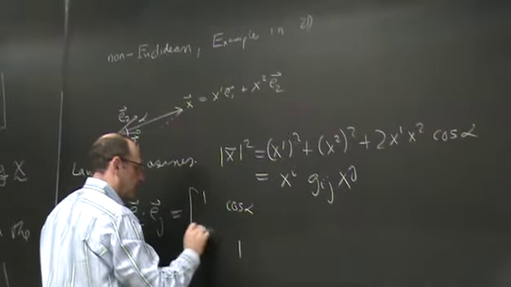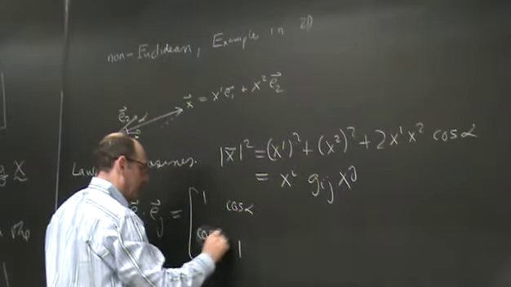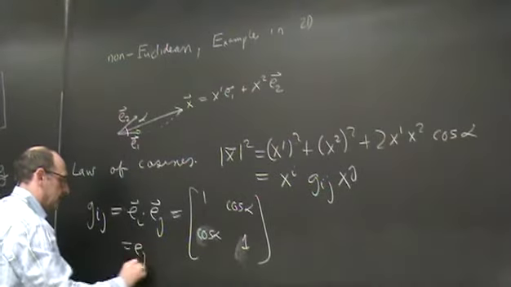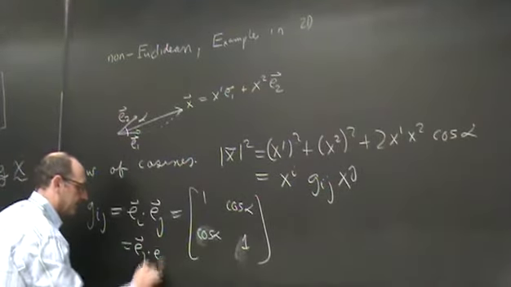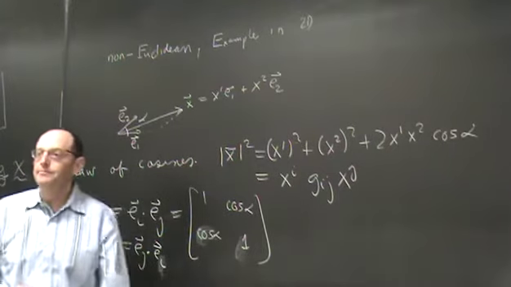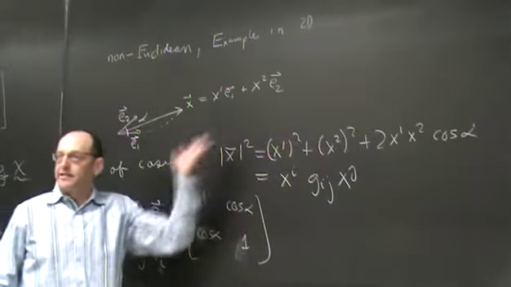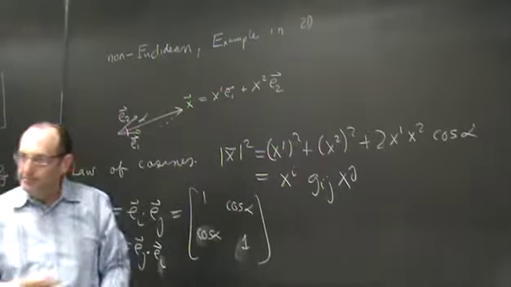Notice the metric is always a symmetric matrix because this is equal to ej dot ei, because the dot product is symmetric. So that's the metric, and that's how we calculate distance, and it works, right?